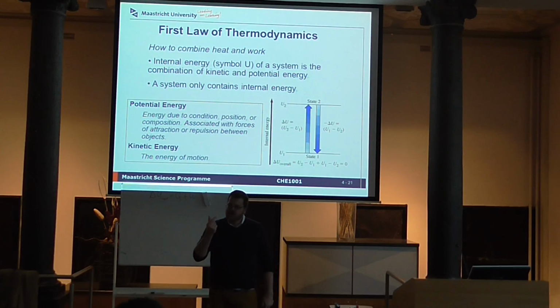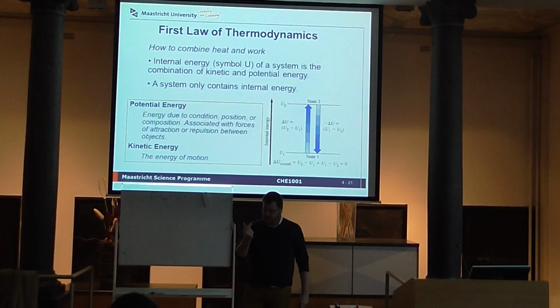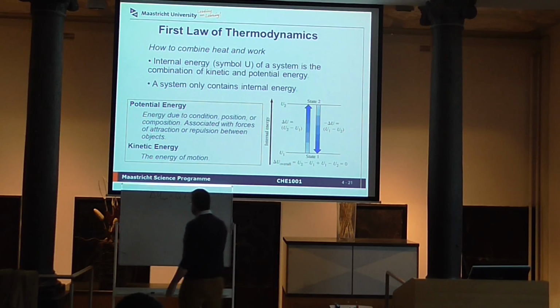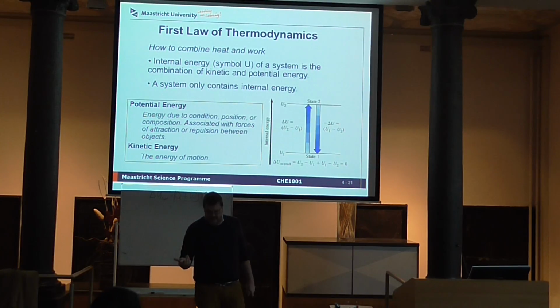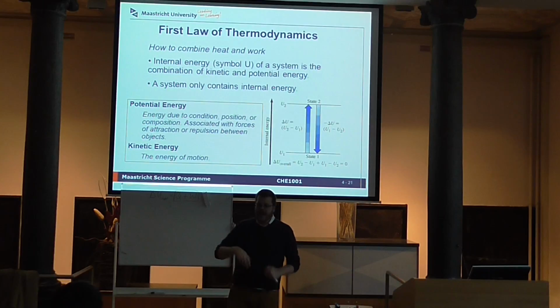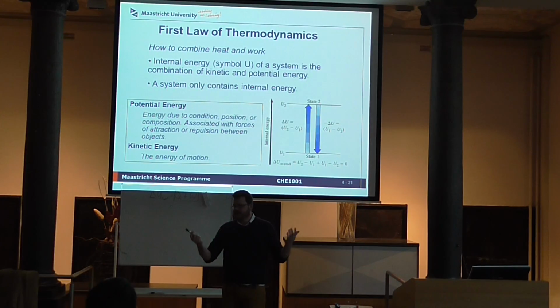In other words, you can determine the change in the internal energy of the system by determining how much heat energy has been lost by the system or gained by the system, and how much work has been done by the system or on the system. That's the first law of thermodynamics.